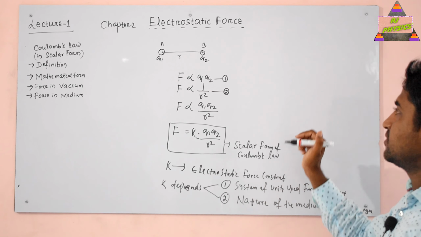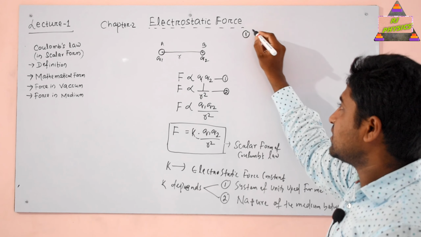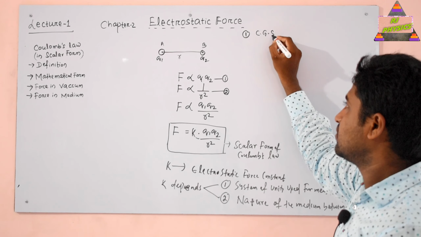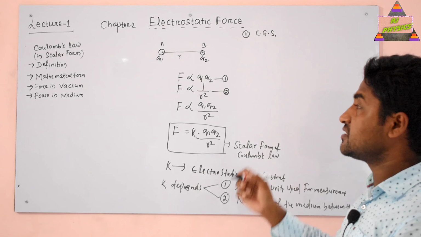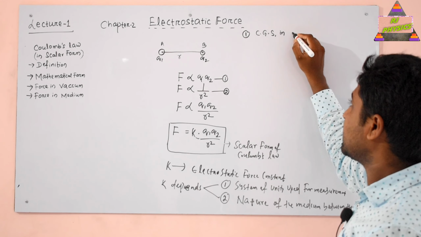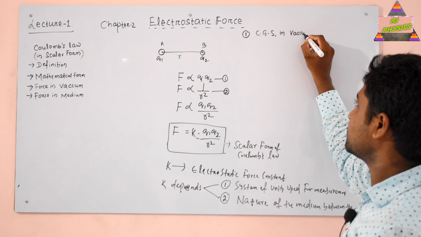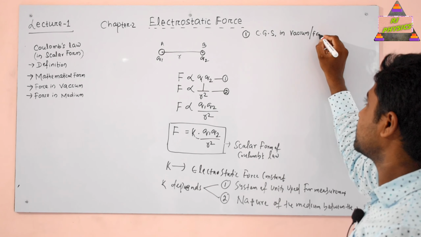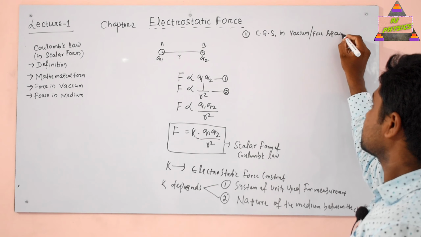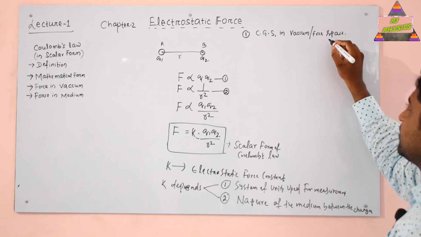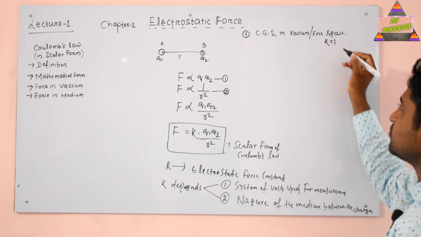First, if I am measuring in the CGS system and in air, vacuum or free space, the value of K is equal to 1.